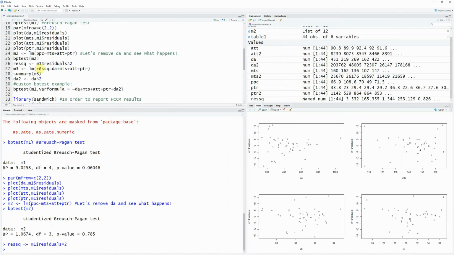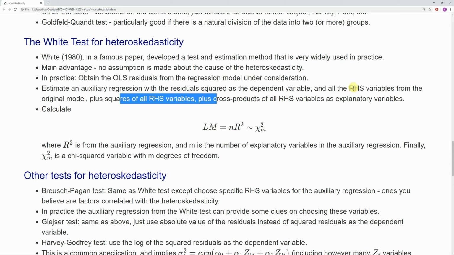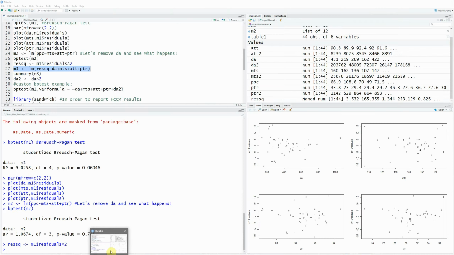Now I have this. In these steps, I'm just explaining what's going on with basically the White test or Breusch-Pagan test. It says use it as the left hand side, and for the right hand side, use the specification of Breusch-Pagan, which is just like the original right hand side in the model.